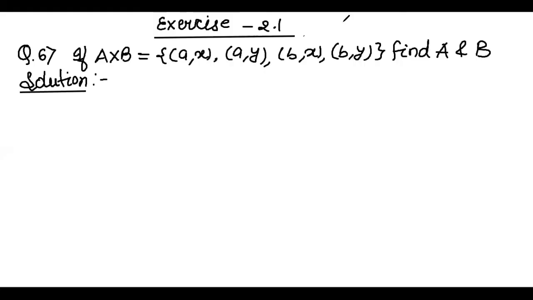So question number 6 is, if A cross B equals AX, AY, BX, BY, then we have to find out A and B. Very simple question it is.